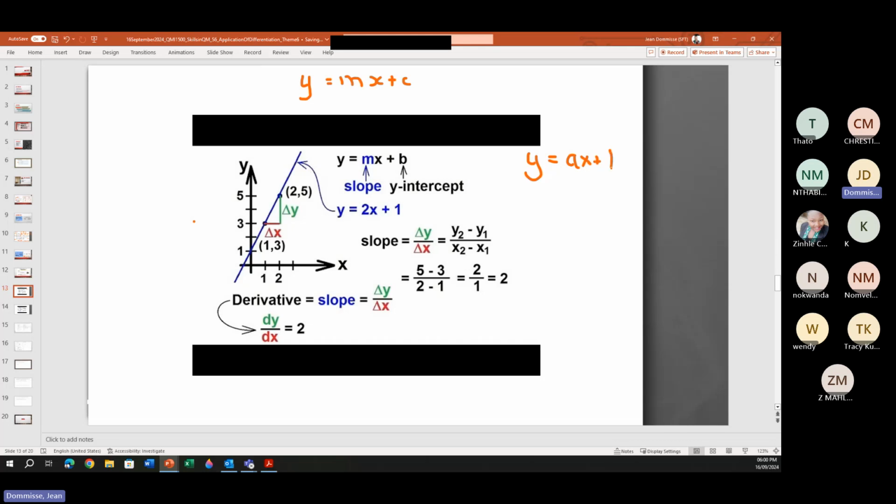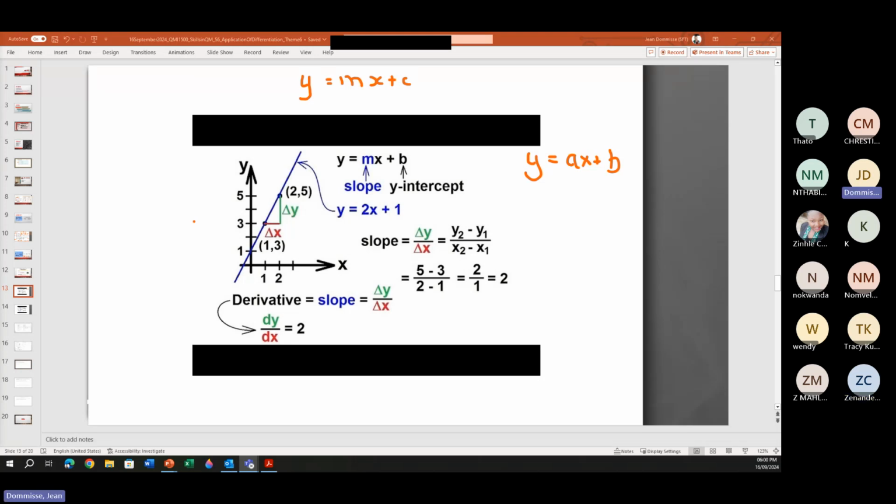So just be on the lookout when you Google it and you're looking for alternative ways. Just make sure the definition of a straight line and the slope might just have a different variable that they're referencing. But the way that you're going to work it out is exactly the same.